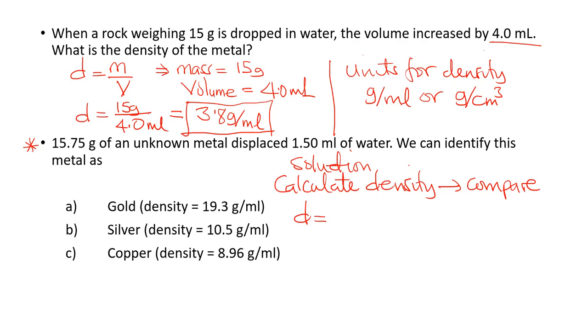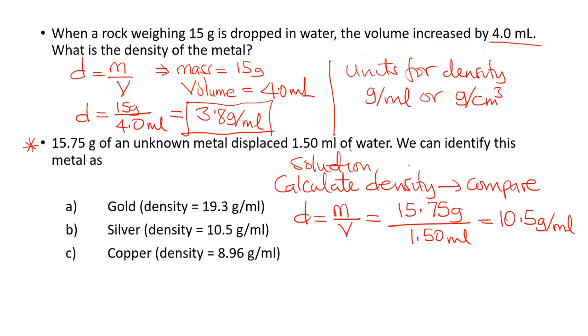So we'll say D is M over V, which is 15.75 grams divided by 1.50 milliliters, which gives us 10.5 grams per milliliter.